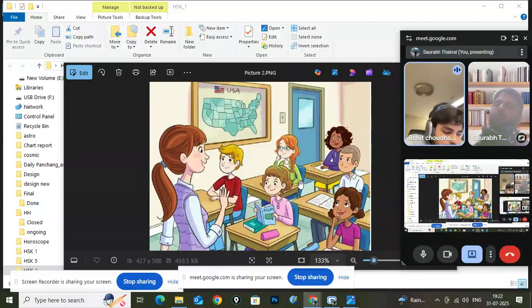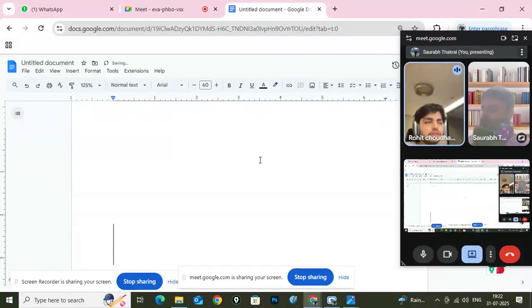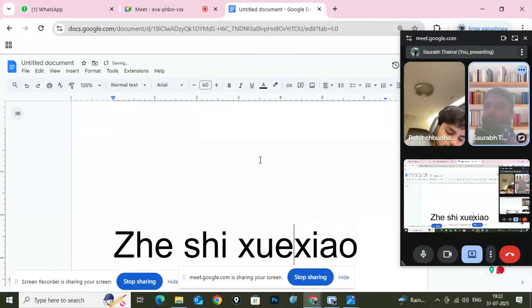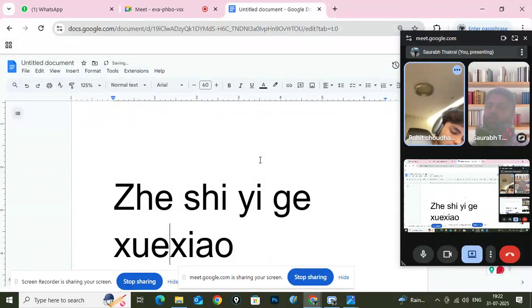So we have to be working with school only. So let's start with this is a school. Zhe shi yi ge xue xiao. This is a school.